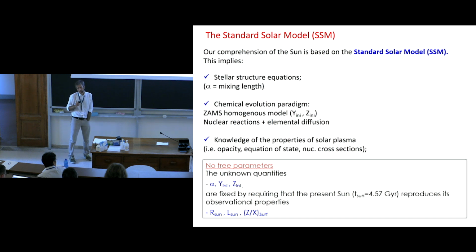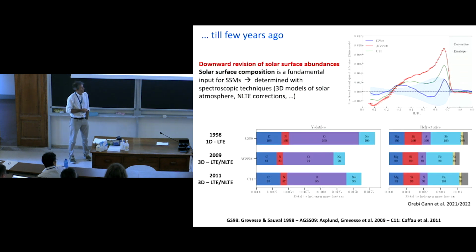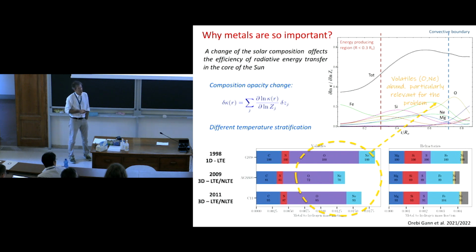To be completely honest, there is a caveat in the argument about CNO neutrinos, which is the following. CNO neutrinos are sensitive to the composition of the solar core, but they are mainly sensitive to carbon and nitrogen. The reason is that only the CN branch of the CNO cycle is active inside the sun, while the element which is most important for the solution of the solar abundance problem is oxygen.